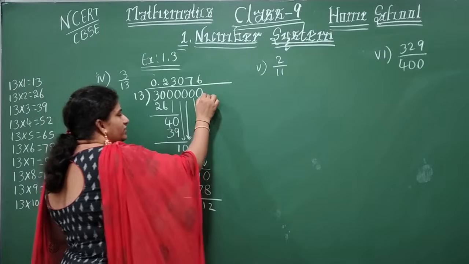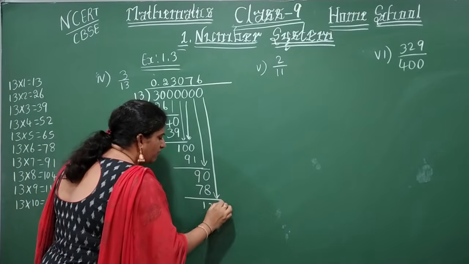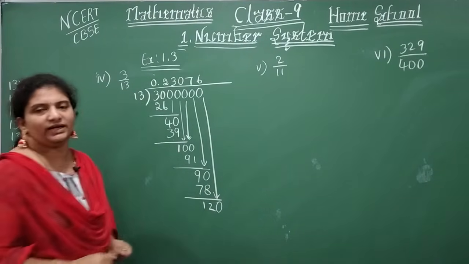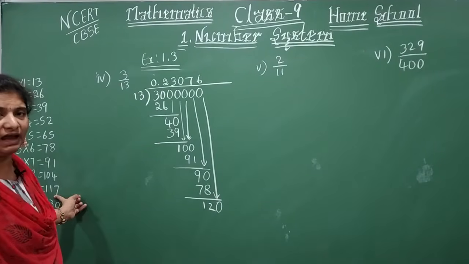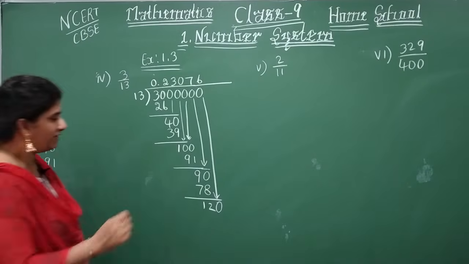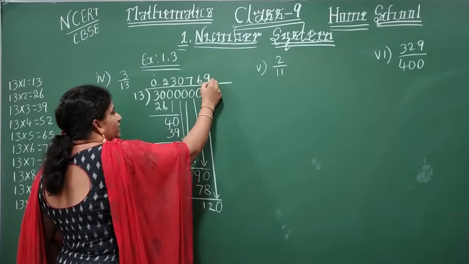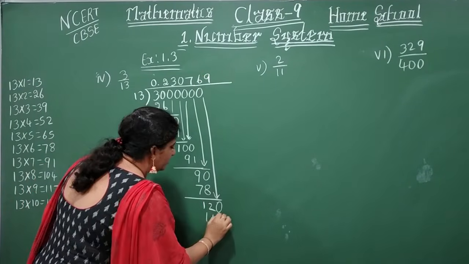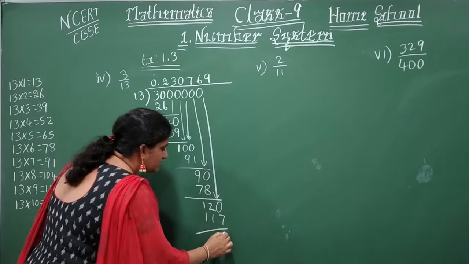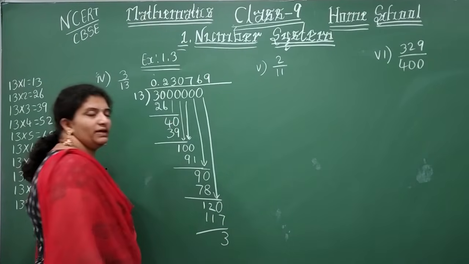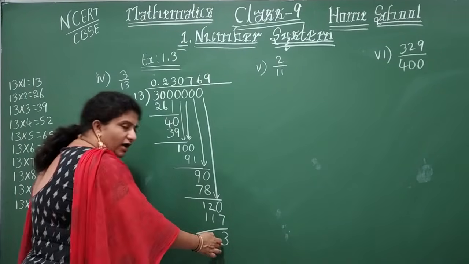So now drag one more 0 down. It will be 120. Where you get 120 children here? 13 9s are 117. Right? So now you need to subtract here. That will be 3.